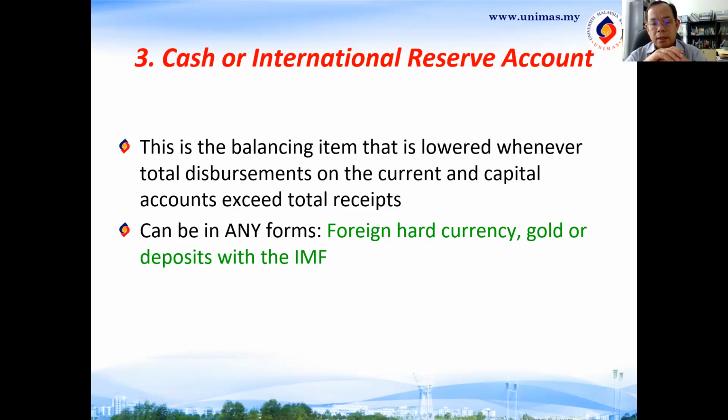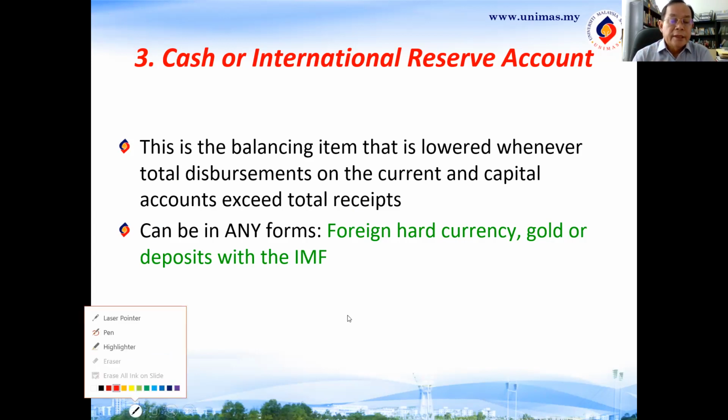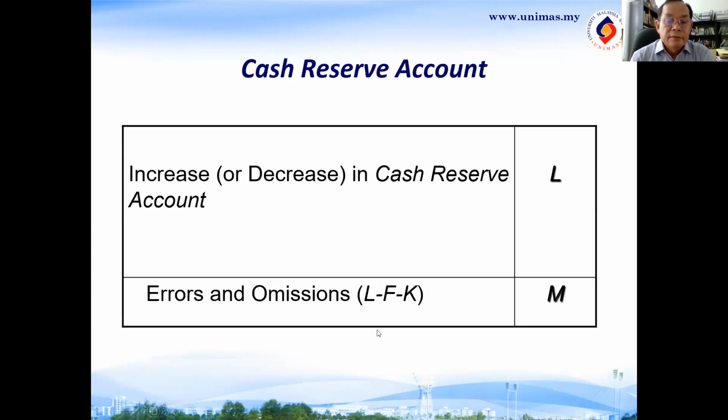And also deposits with the International Monetary Fund. So those are the forms of reserve that the country can have, and a country can withdraw this reserve whenever there is a need. That's what it is on paper lah. Tapi as you know, the rights to withdraw the reserve depends on certain conditions, of course, right?